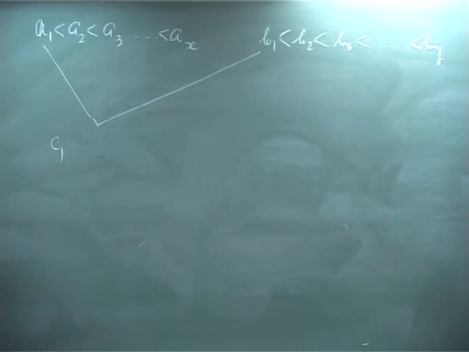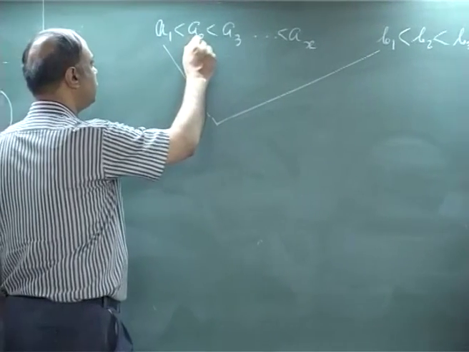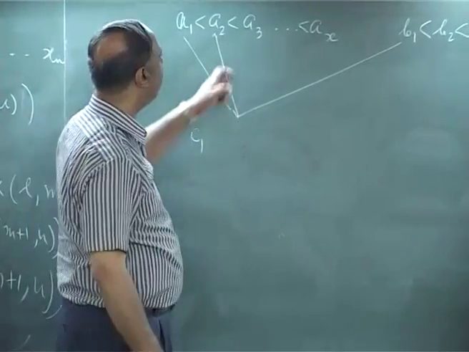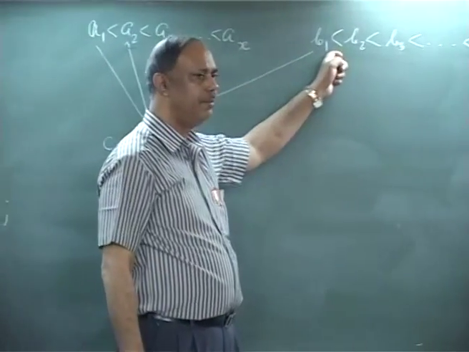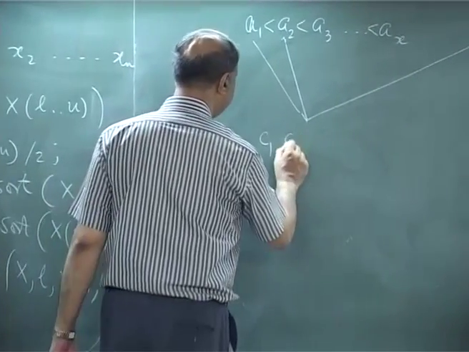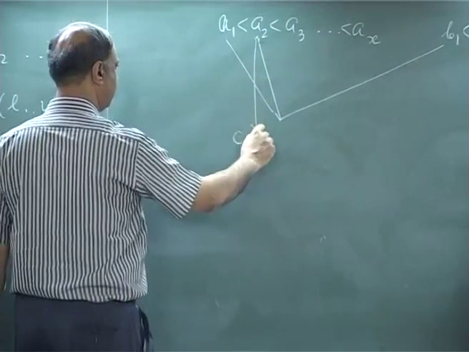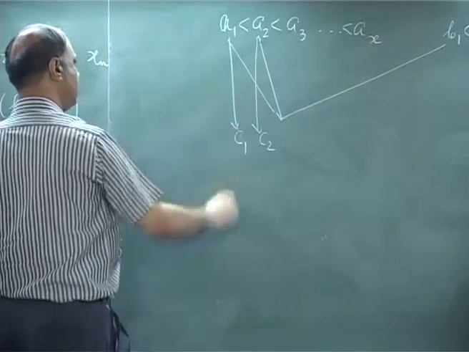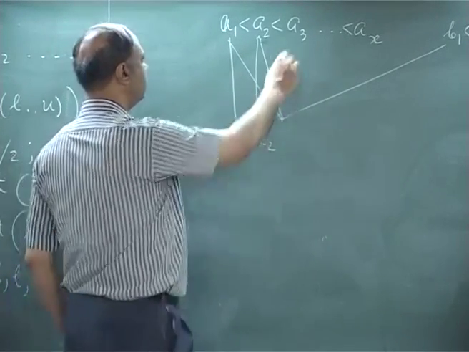Now once you have selected A1, the pointer moves to A2, and I compare A2 with B1. If you find A2 is still smaller than B1, then you write it in the next position of C, and the pointer moves to A3.